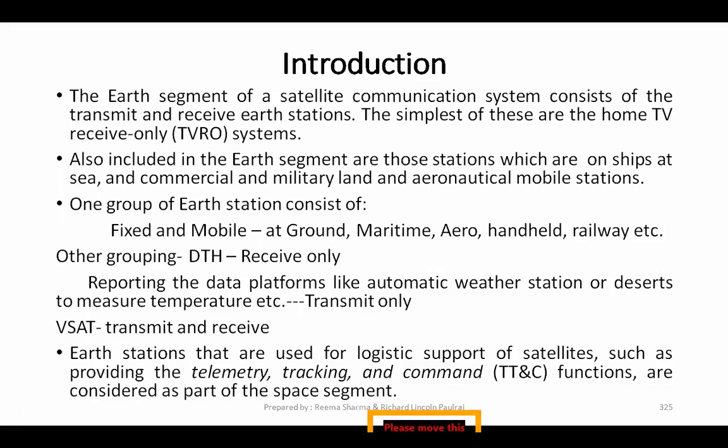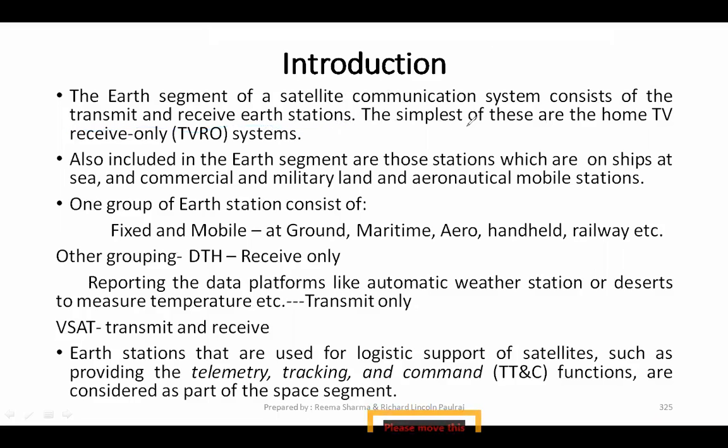It should be a combination of both the transmit and the receive sections, and together it can be called our communication system. The simplest of these are the home TV receive-only systems.